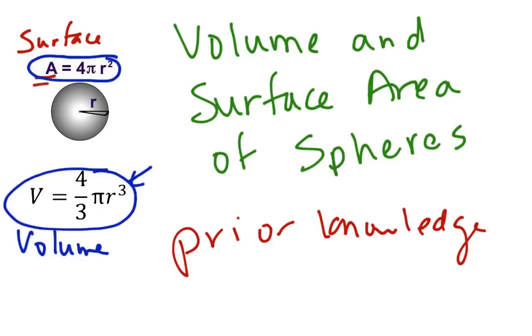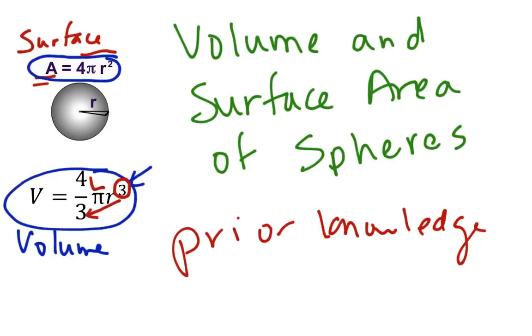So you have to come up with a way of memorizing that. One of the things I use to help me is I already know that volume is cubed. That's something I've memorized, and I don't have any trouble remembering that. I understand it. And so I know that r is going to have a 3. And that reminds me that there's going to be a 3 in the denominator. And then the rest of it's very similar. The 4 and the r and the pi are also up here in surface area.